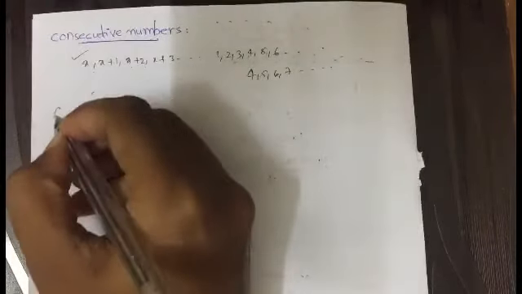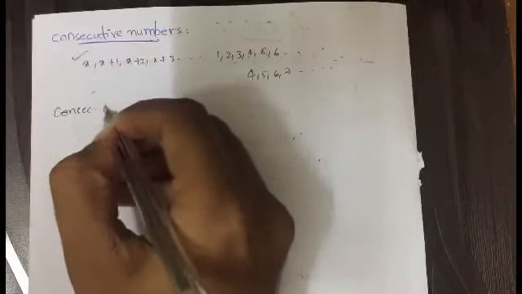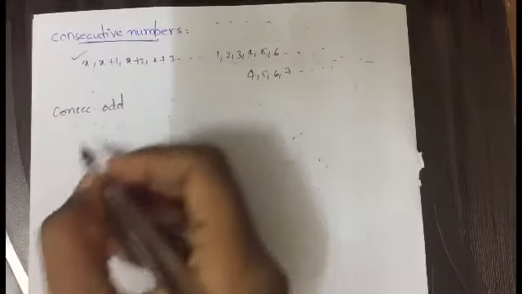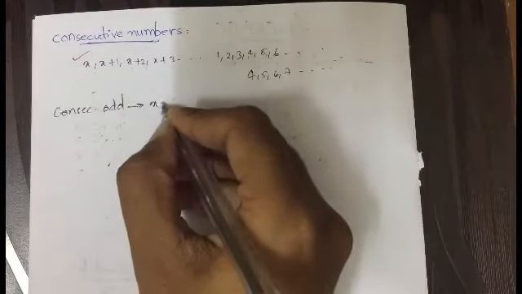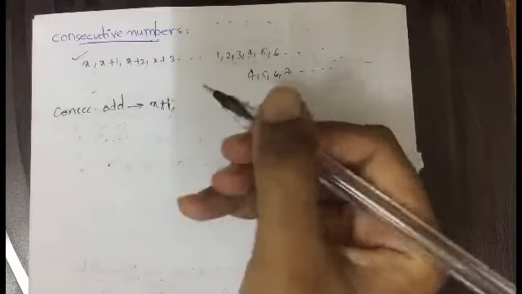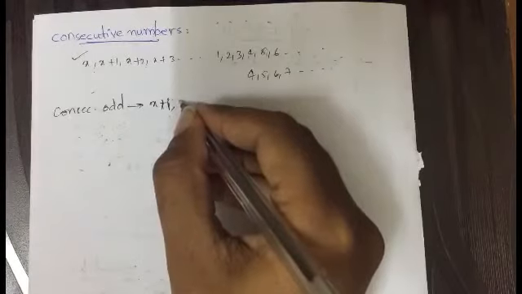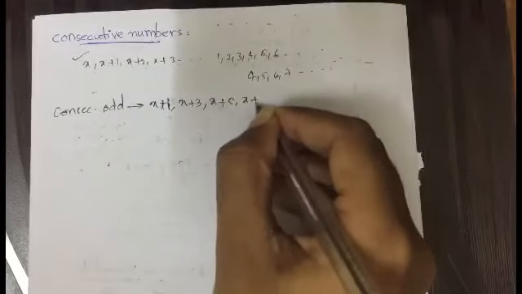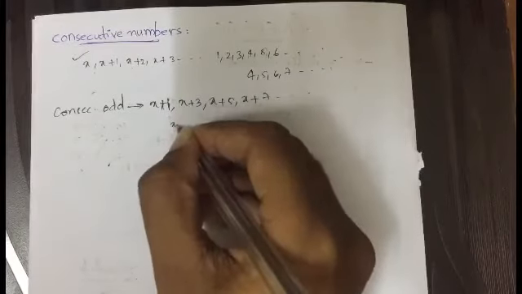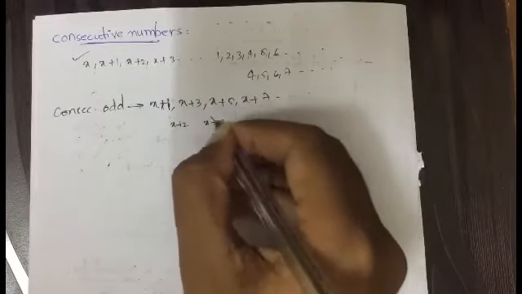And we have consecutive odd numbers and we have consecutive even numbers. So consecutive odd numbers will be in this way: x, x plus 1, we can say the first number is x plus 1, and the second number can be x plus 3, x plus 5, x plus 7, and so on. Here you don't have x plus 2, x plus 4 terms.